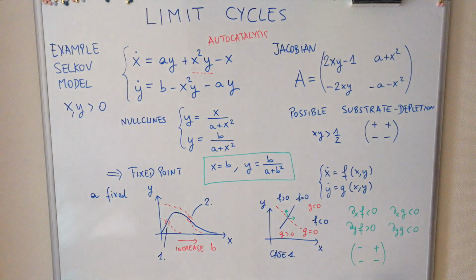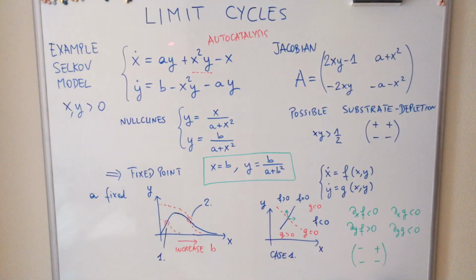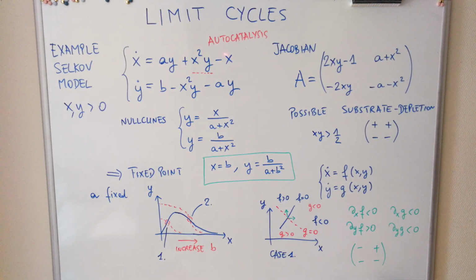So this has a potential of becoming a Hopf bifurcation. And now we have to do further work to see whether this is really happening. Okay, so what is the further work? Actually calculate where the fixed point is. For the fixed point, you remember the definition of nullclines: they are the sets of points where this is vanishing.